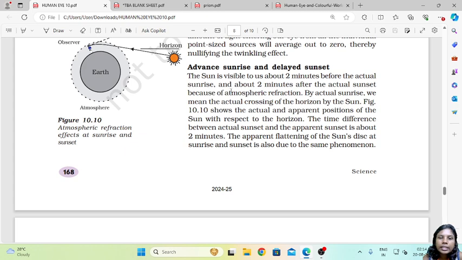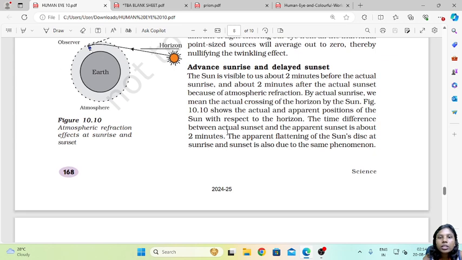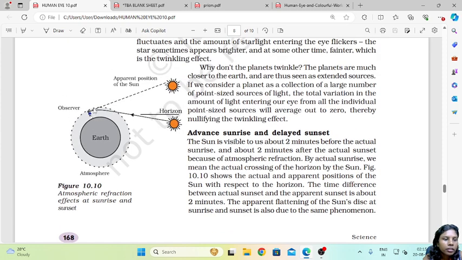Next we have advanced sunrise and delayed sunset. It is known that the sun is visible to us 2 minutes before the actual sunrise and 2 minutes after the actual sunset, and this is also because of atmospheric refraction. By actual sunrise, we mean the actual crossing of the horizon by the sun. The figure shows the actual and apparent position of the sun. Here we have the observer, here we have the apparent position of the sun, and here is the horizon.